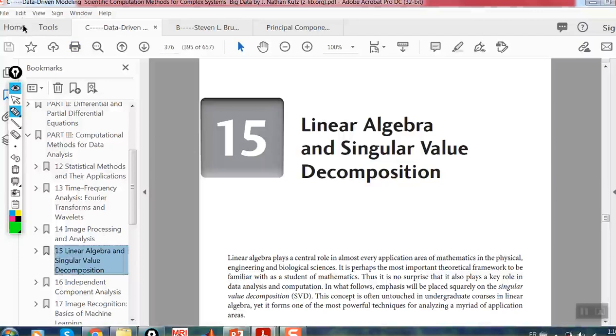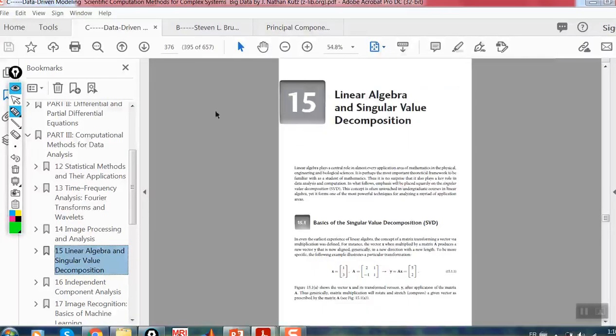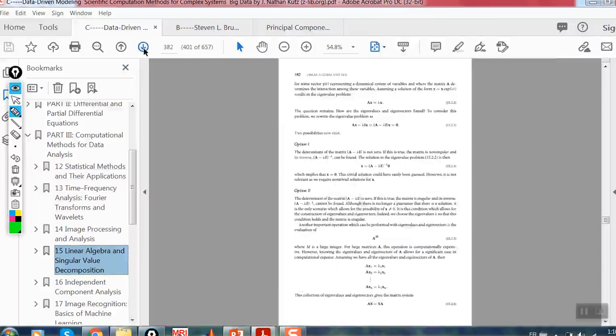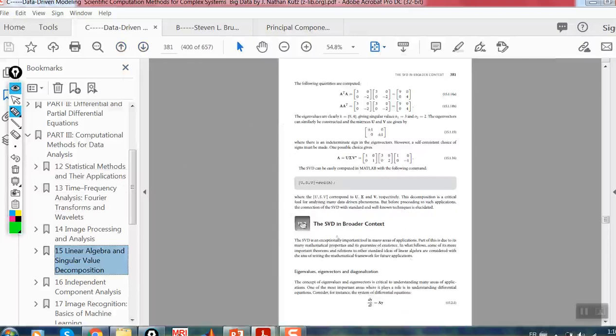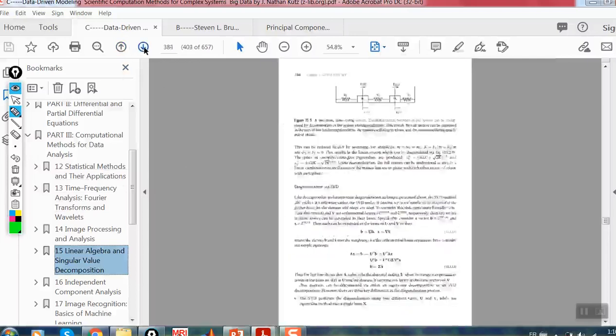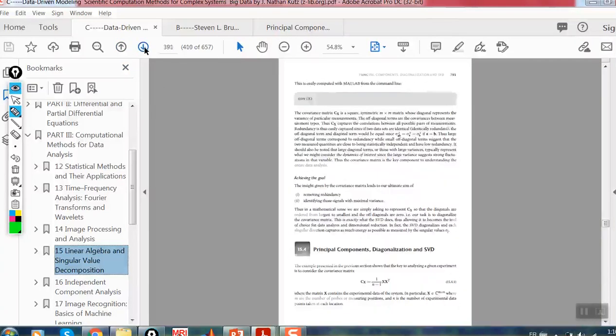PCA is related to reference C, chapter 15, and in chapter 15 you can see the singular value decomposition we explained before, and also you can see principal component analysis.